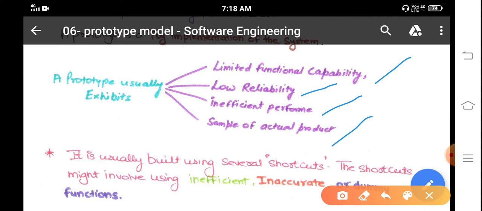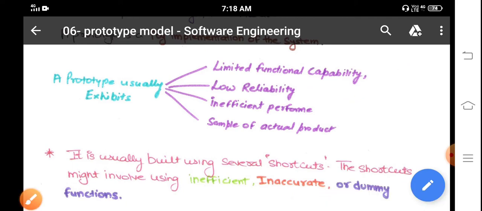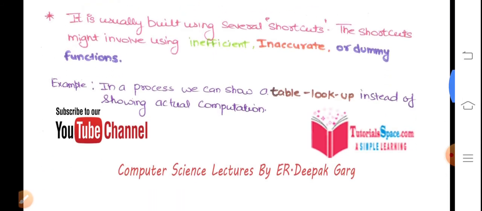It is very low in reliability, it produces inefficient performance, and we can call it a sample of the actual product. It is usually built using several shortcuts, and these shortcuts may be inefficient, inaccurate or dummy functions.